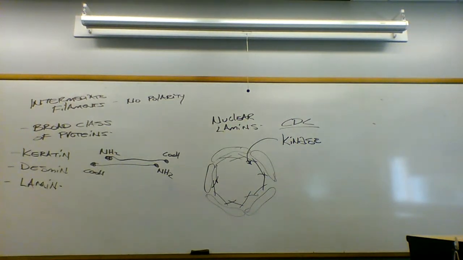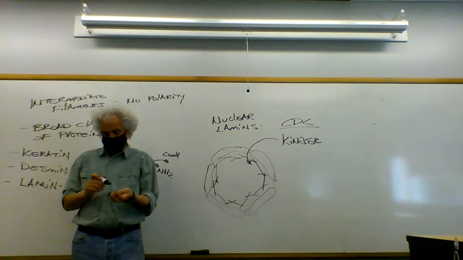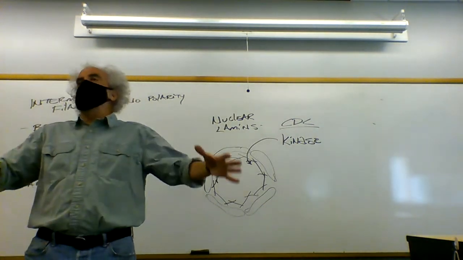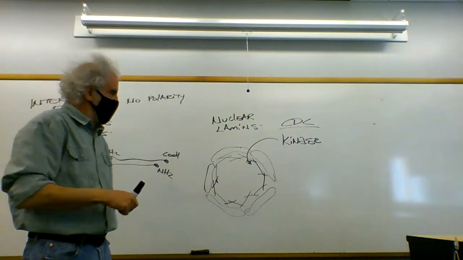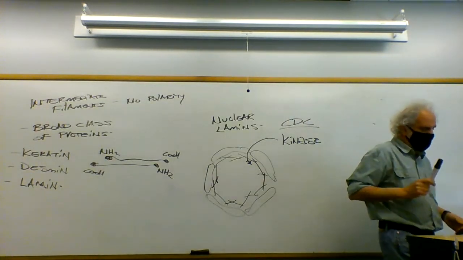The CDC kinases, and there are a number of them, phosphorylate nuclear lamins and cause them to no longer autocatalytically assemble, and this is responsible for dissolving the nuclear envelope. The nuclear envelope doesn't really dissolve, it just forms itself up into a bunch of little bubbles that can then reform. And so the nuclear lamins are a critical part of that as well.